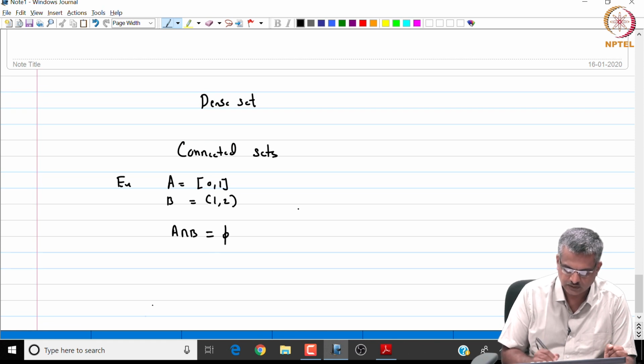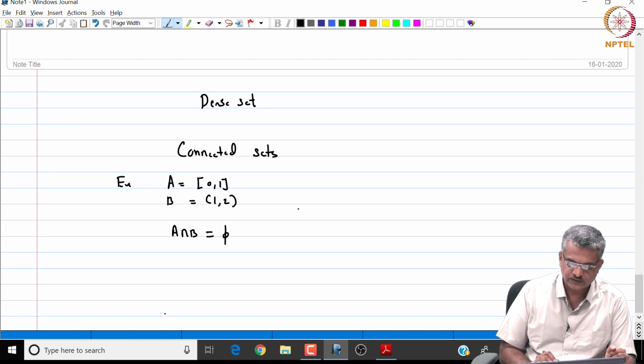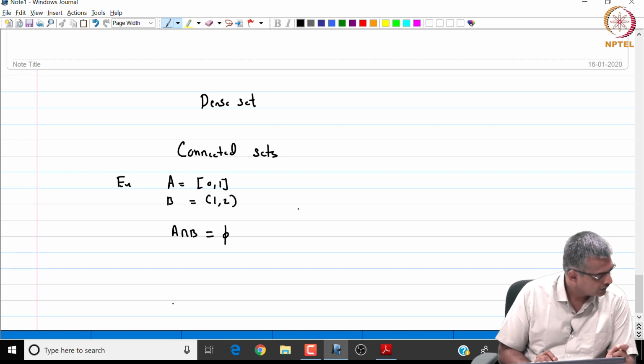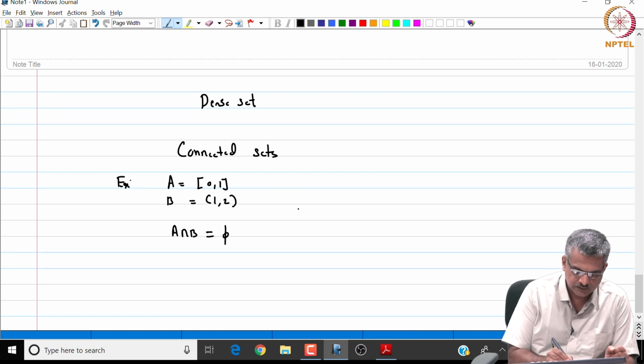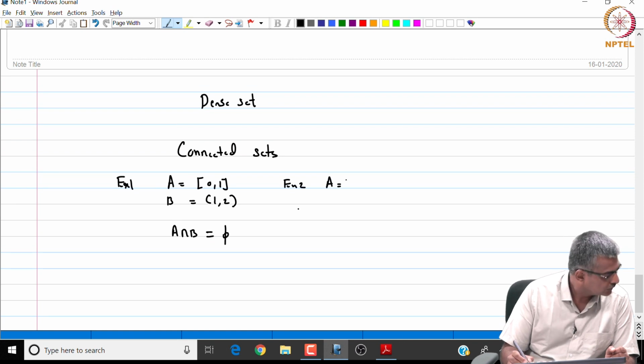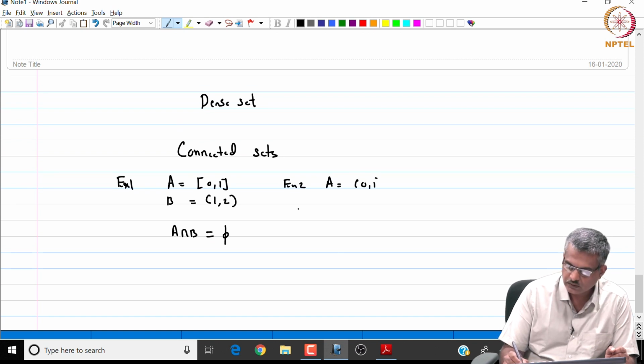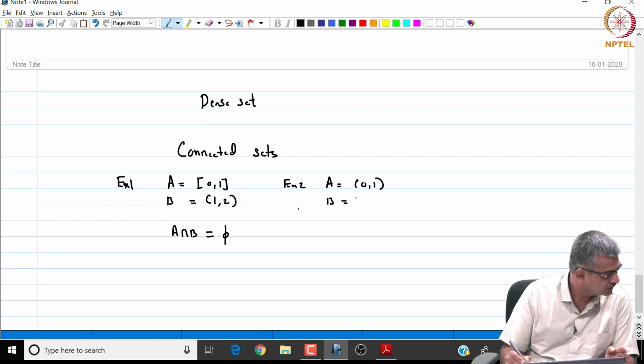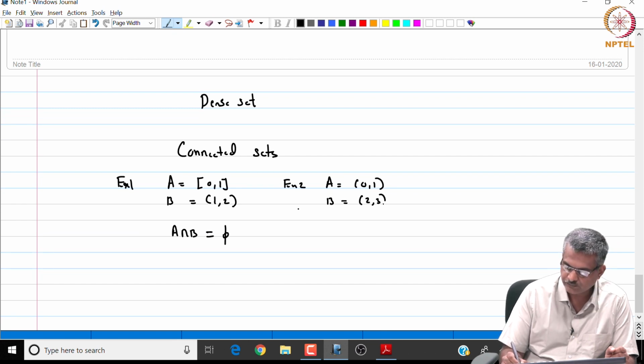It is a null set, because this 1 does not belong to the set B, whereas 1 belongs to A, right. So, their intersection is the empty set. Now, let us take one more example. This is example 1. So, A is [0,1] and B is [2,3]. Well, here too A intersection B is the empty set.